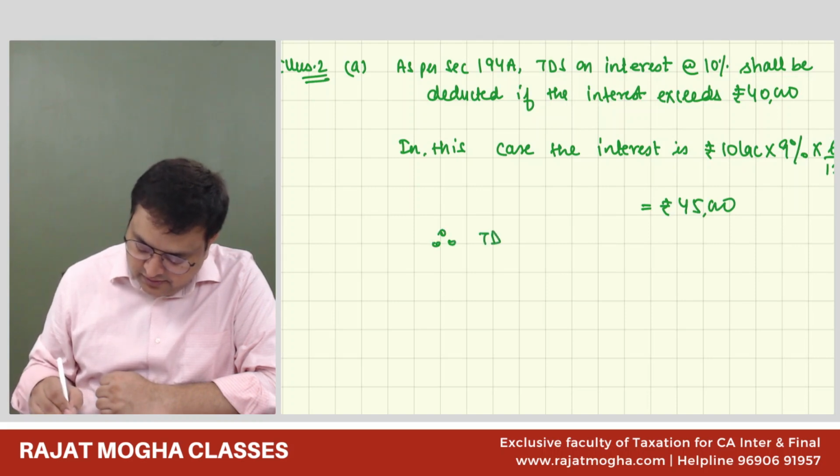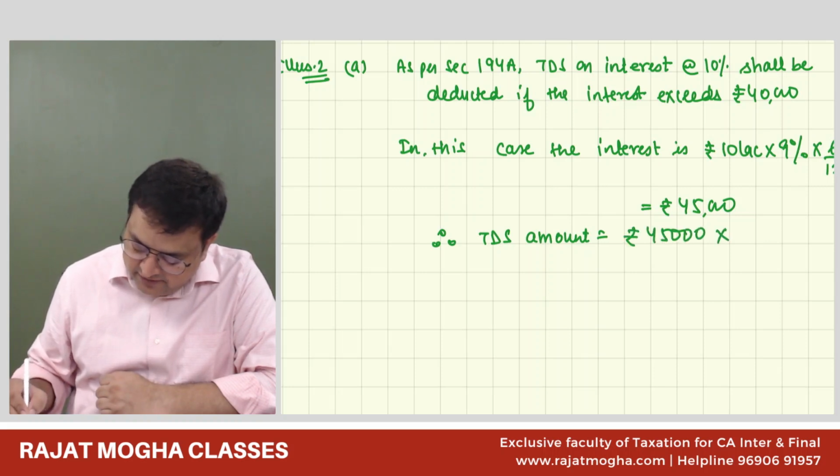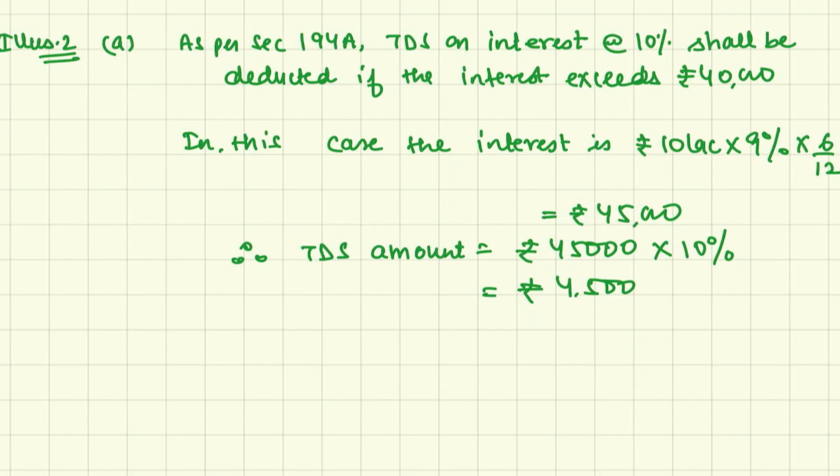Therefore, TDS amount is 45,000 into 10%. Let me know once done. I believe everybody understood this.